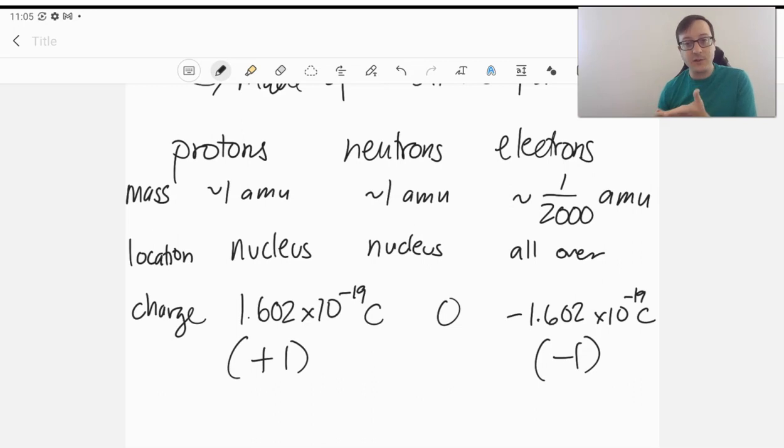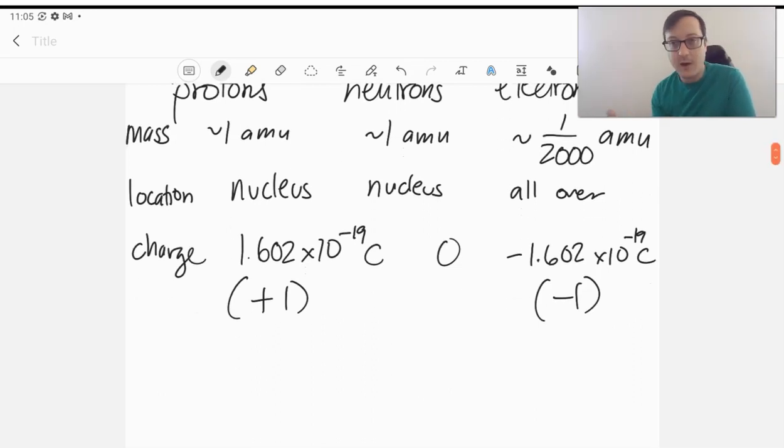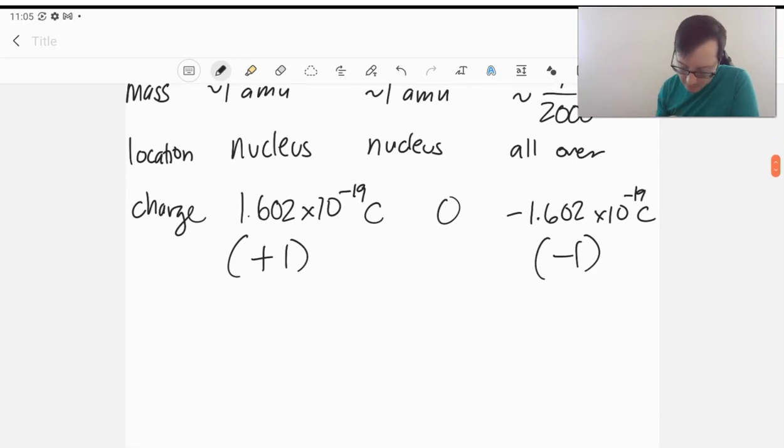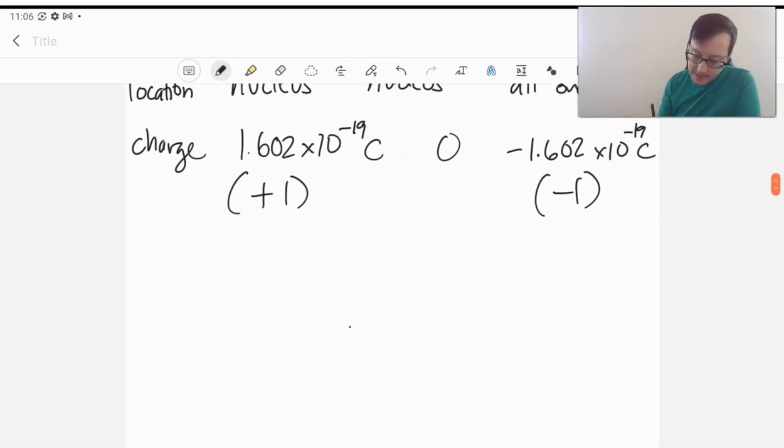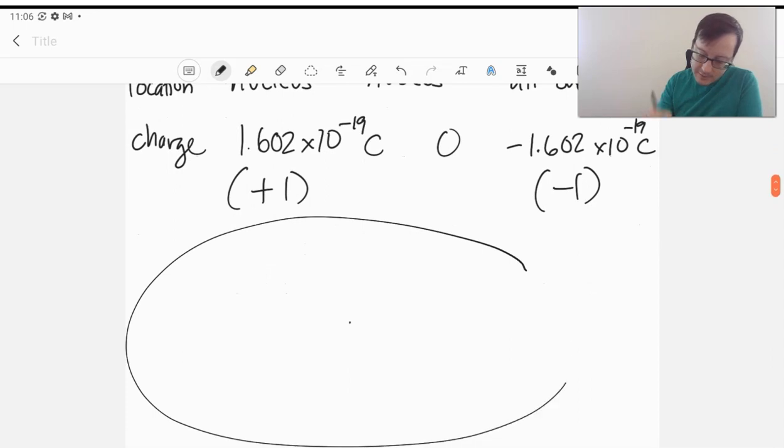But if we want to focus right now on just the picture of an atom, if we wanted some sort of visual representation in our mind, we have a nucleus. That's that dot right there. And we have essentially this huge sphere of where the electrons could be.